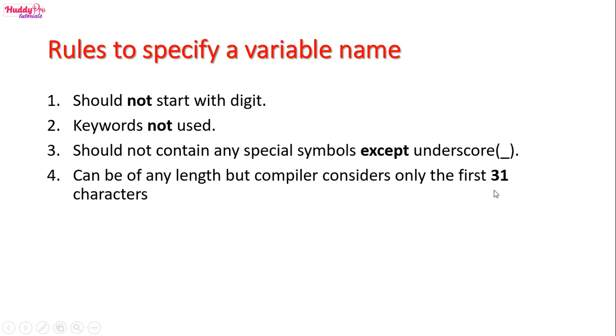And number four, we are saying that the variable name can be of any length. So whatever kind of length you want. But remember, the compiler will only use or consider the first 31 characters of the variable name. So if you write any variable name which is beyond 31 characters, you are wasting your time, because the compiler will only consider the first 31 characters.